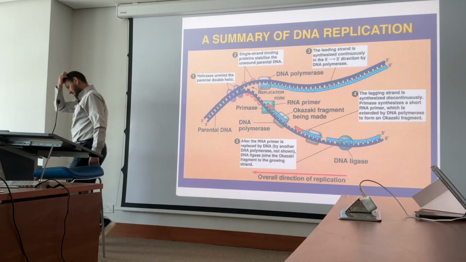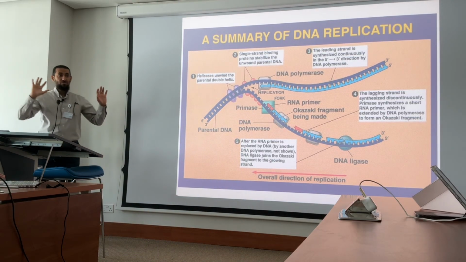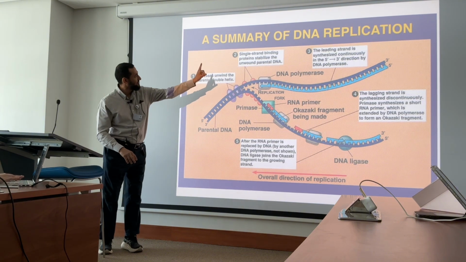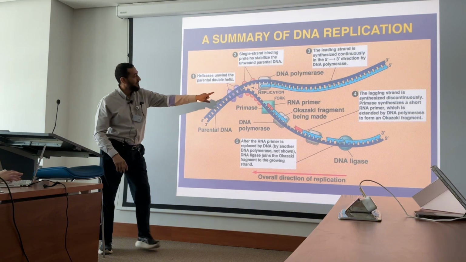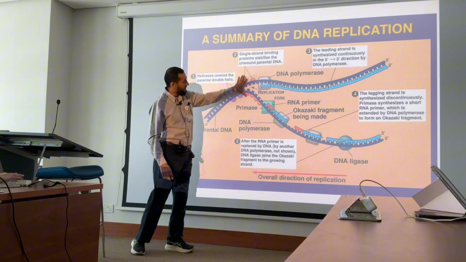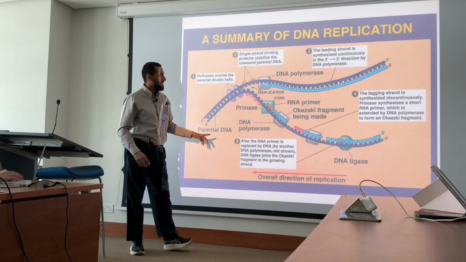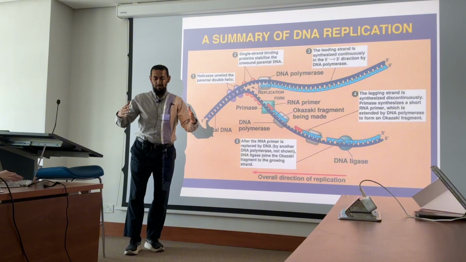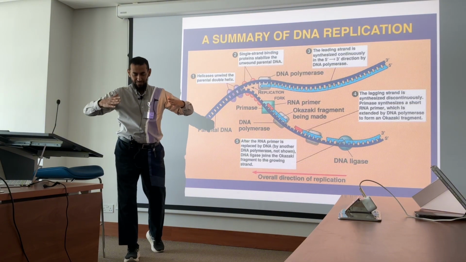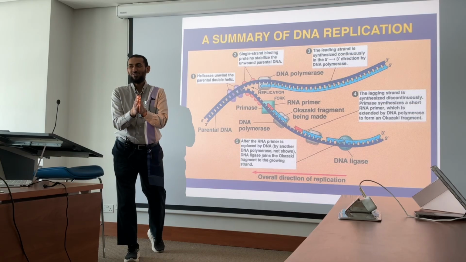Okay? This is 5 steps of replication in summary, and this can summarize the whole process. The enzyme which separates is known as helicase. When you open by helicase, there is a tendency for these two recently separated strands to go back.